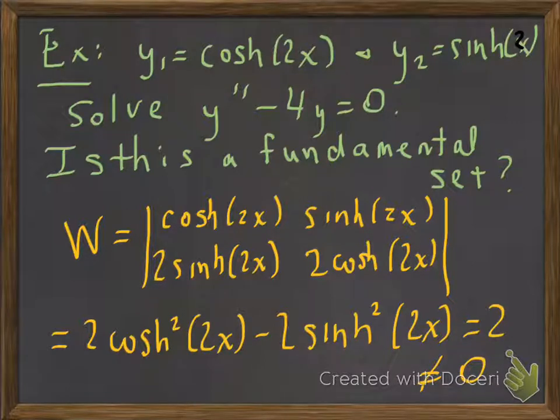Then we take the determinant of that matrix, and you may need to review how to compute determinants of matrices, and we get 2 cosh squared of 2x minus 2 sinh squared of 2x, and using the hyperbolic trig identity that cosh squared of anything minus sinh squared of the same thing equals 1, we get that this equals 2, which is not 0.